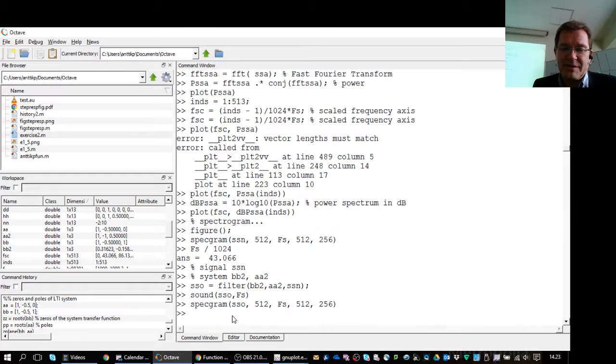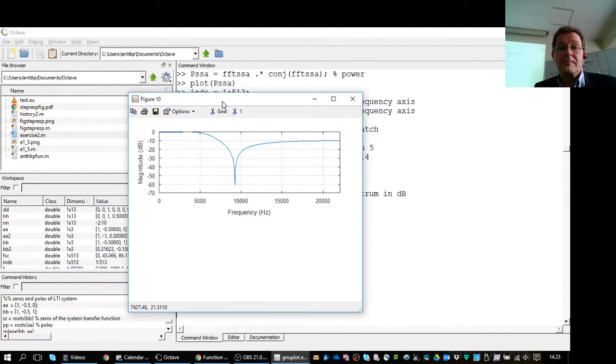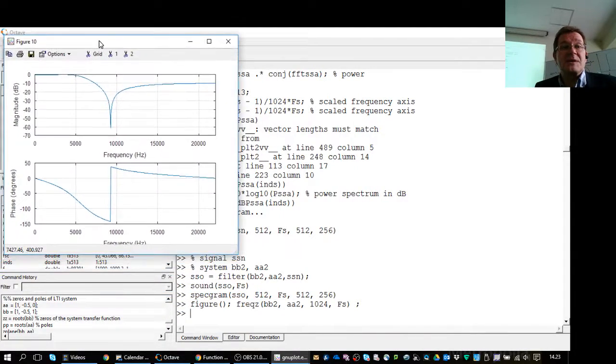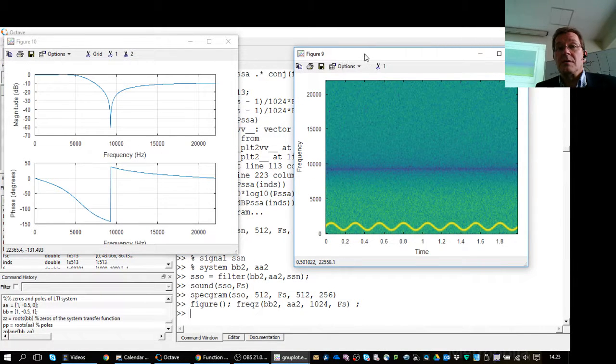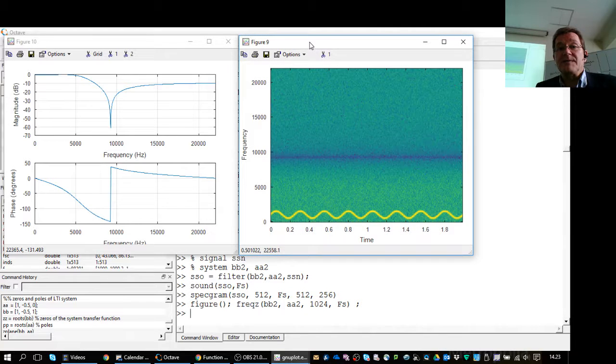Let's compare it with something. So that's our system amplitude and phase response, and that is the filtered data. We have this notch where we have a lot of attenuation showing up as a dark line here.